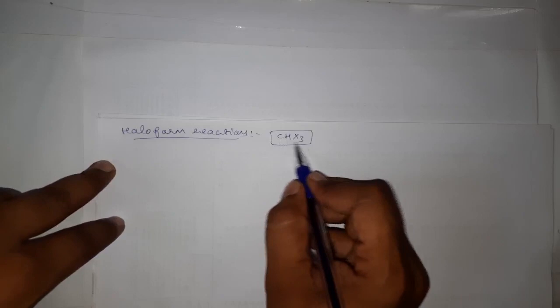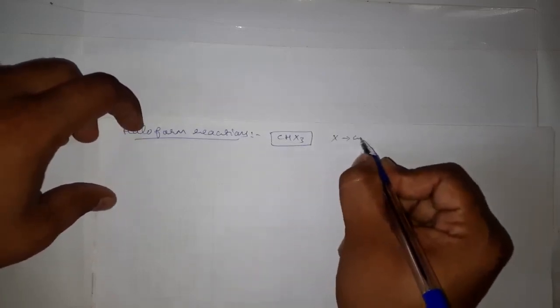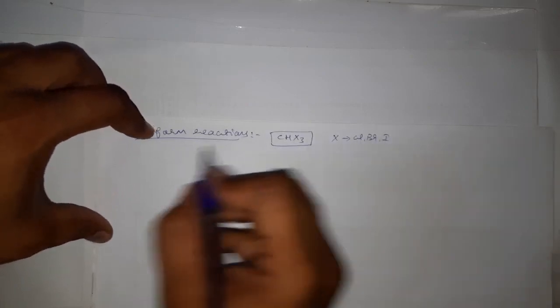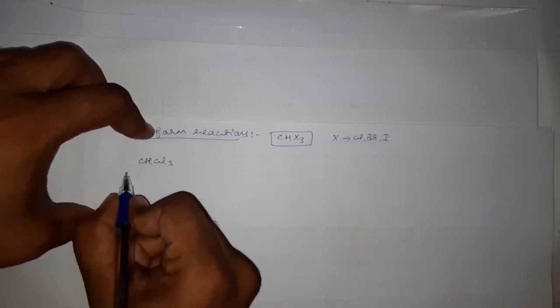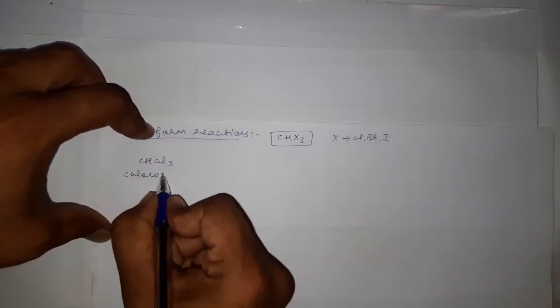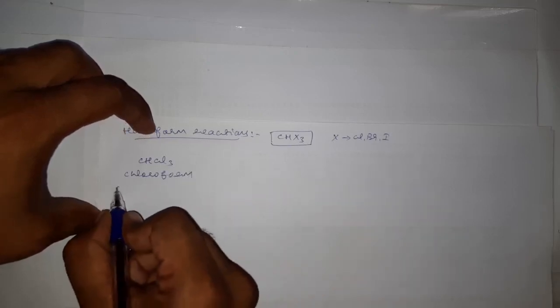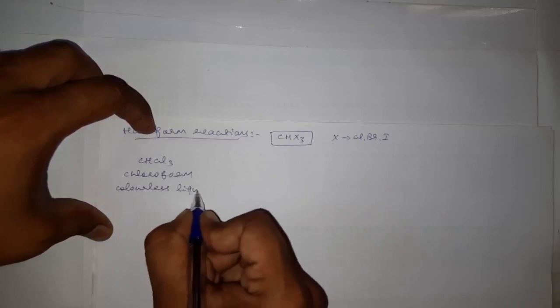Here this is the general formula. This X may be either Cl, Br or I. If it is Cl, then it is CHCl3, that is chloroform, and it is a colorless liquid.